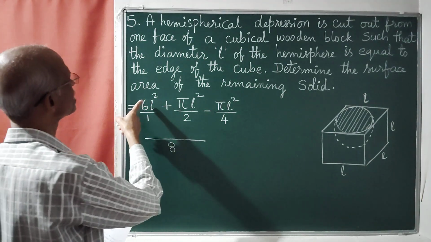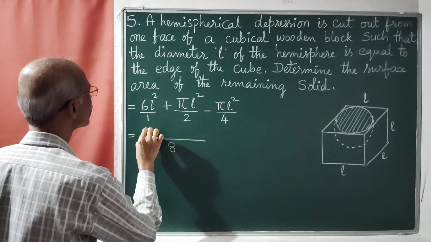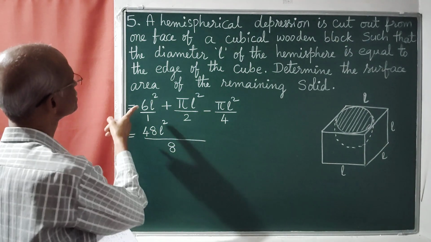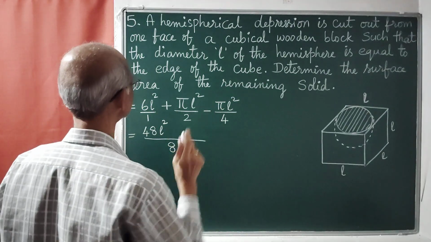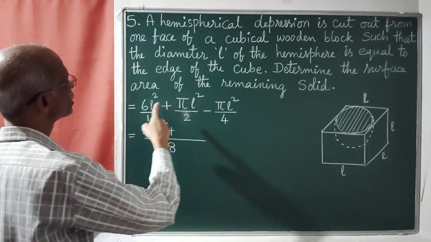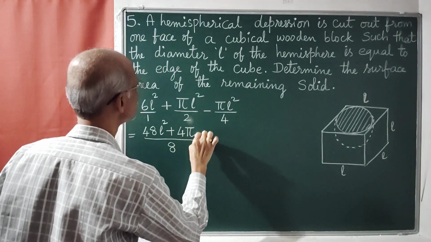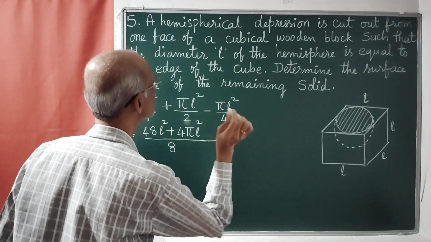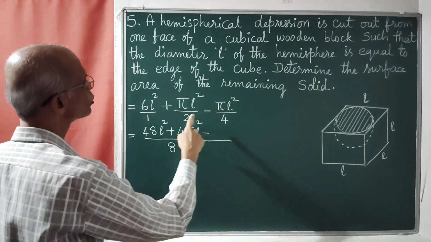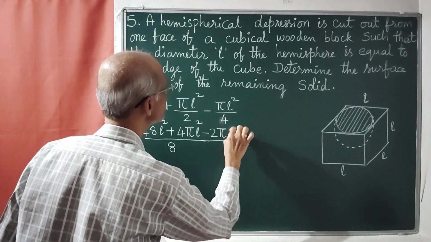Next, 6L square into 2 into 4, you will get 48L square, plus pi L square into 1 into 4, so 4 pi L square, minus pi L square into 2 into 1, so 2 pi L square.